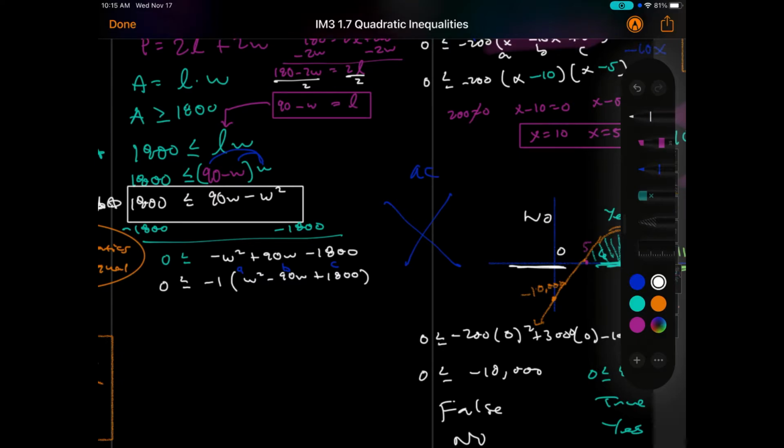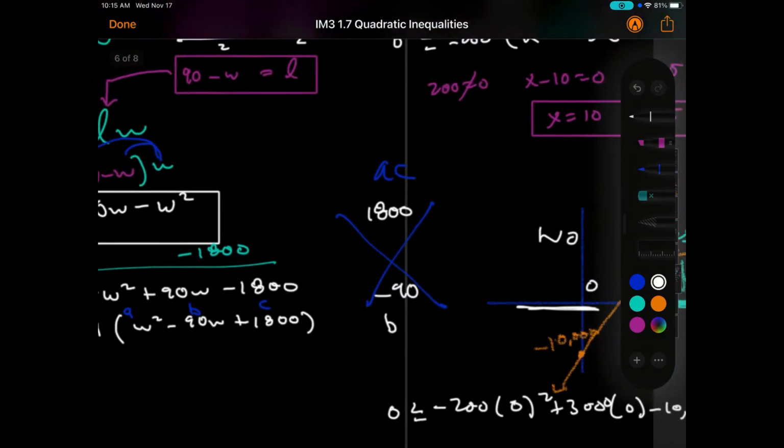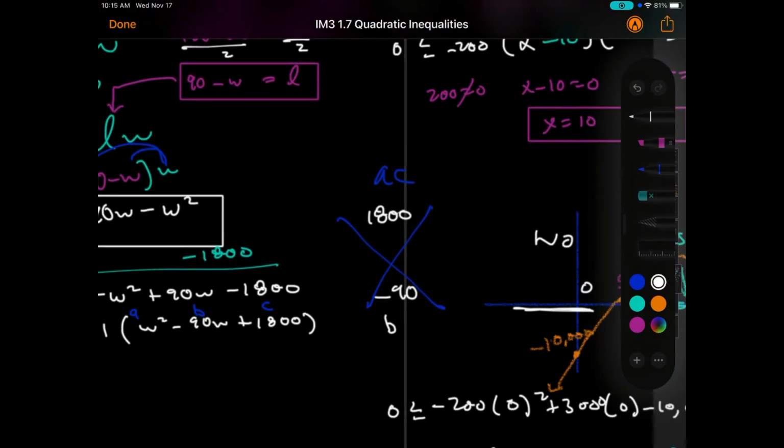A times c, again, we're inside the parentheses, is 1800. And b value is -90. There's a million possibilities, but I want you to start thinking about numbers that add up to be 90. You can do like 45 plus 45. You can do 60 plus 30.